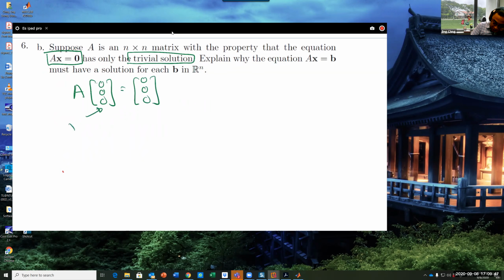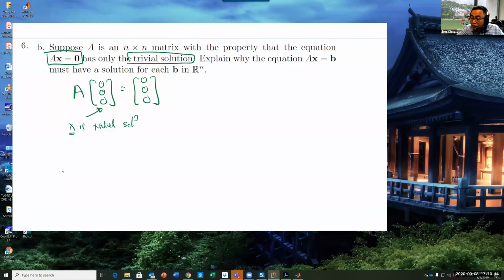So this x, the vector, is the trivial solution because anything multiplying by all 0, of course, the right-hand side will be 0. The first question I ask is, are there any x that is non-zero such that the right-hand side will be 0? And yes, there are. Under what condition? Okay, question. How do you explain 6a in words?